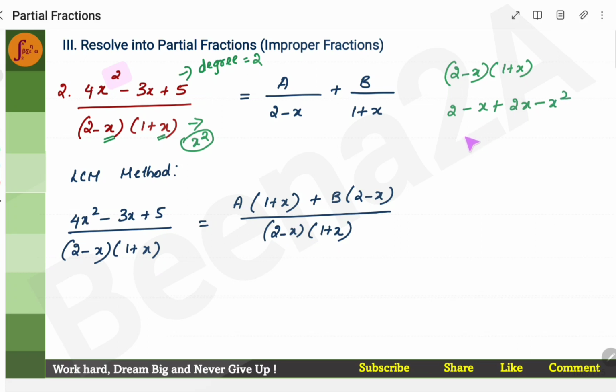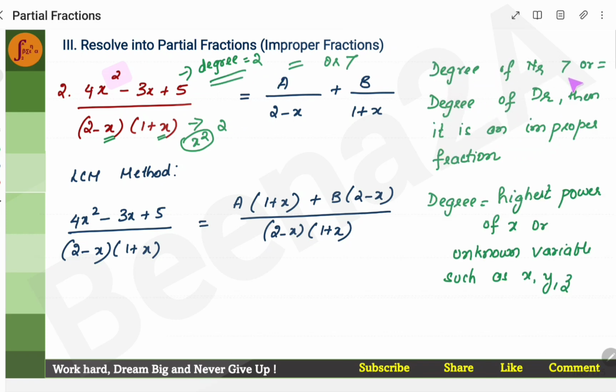So I'll get 2 plus x minus x square. Now if you notice, the highest power here is 2. So the degree is 2. So the degree of numerator is equal to the degree of denominator.